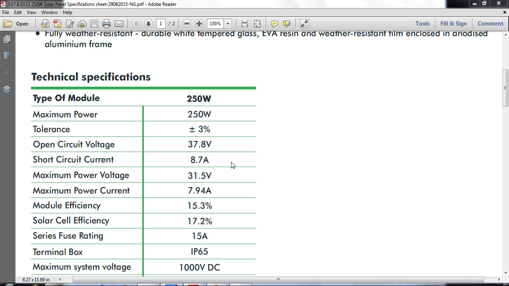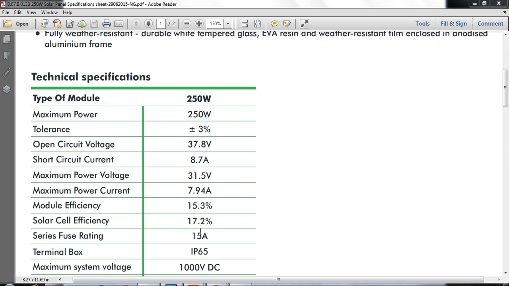The short circuit current is 8.7 ampere. The maximum power voltage, that is VMPP, is 31.5. The maximum current is 7.94. The module efficiency is 15.3. Single cell efficiency is 17.2. The fuse rating is almost double compared to the short circuit current.